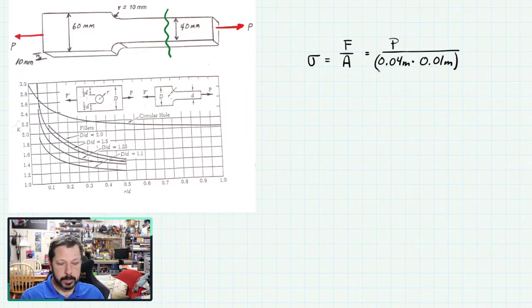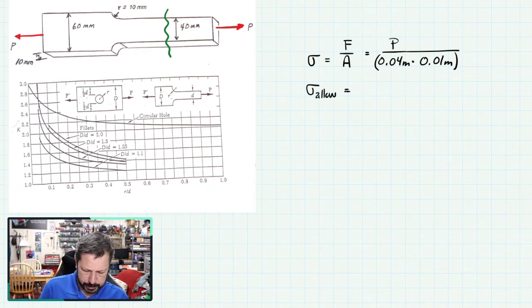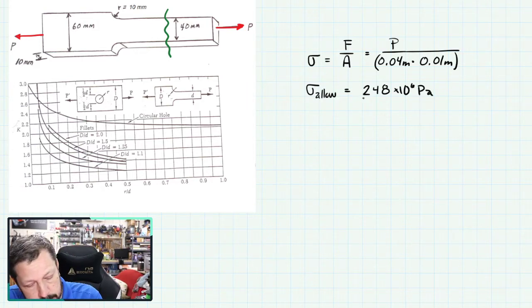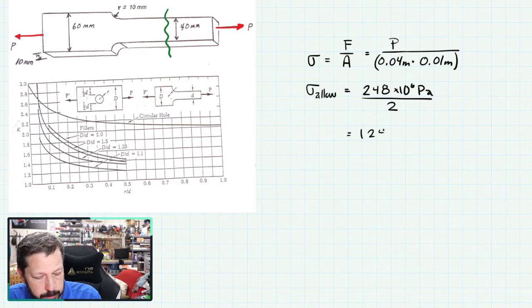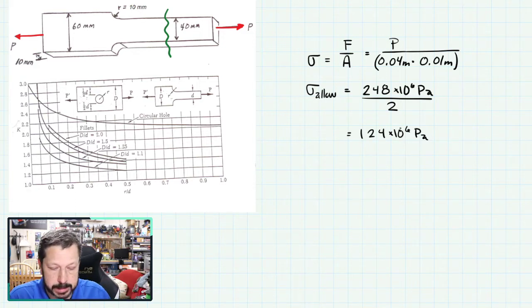We also know sigma allowable equals, I believe it was 248, but let's check. 248 megapascals. So 248 times 10 to the 6 pascals, but we wanted a factor of safety of 2. So we're going to divide that by 2. So 124 times 10 to the 6 pascals. So we could solve for P there, just like we had been doing before. So we've got everything known except for the force P.